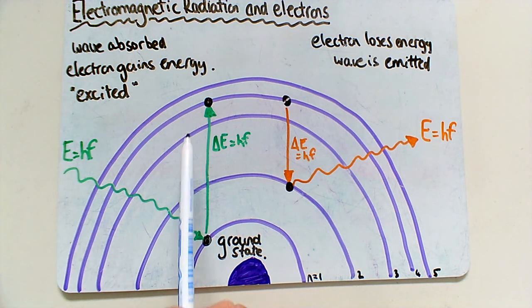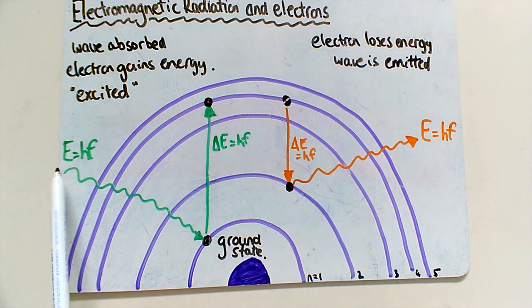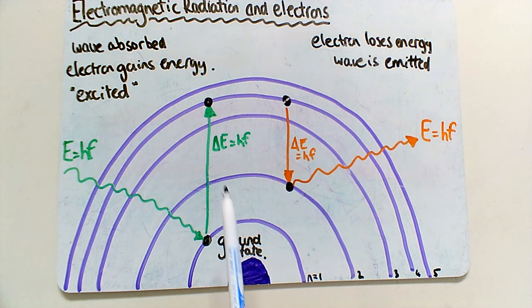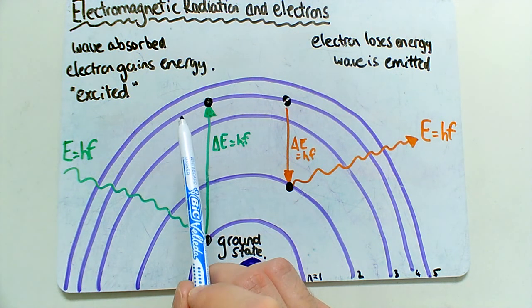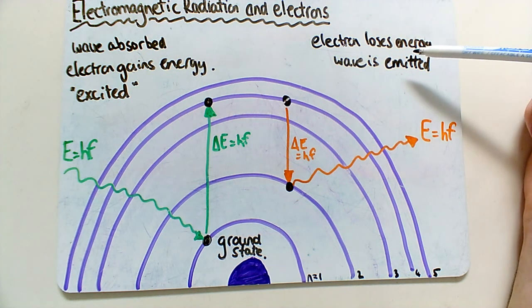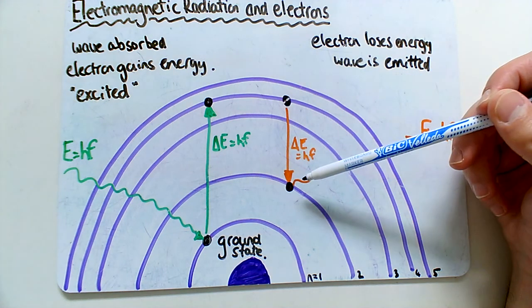Electrons can move between the different energy levels, or what we used to call electron shells. Each wavelength of light that can be absorbed corresponds to the energy difference between two energy levels. And what that does is take an electron from the ground state to an excited state. Any excited electron can fall back down to a lower energy level.